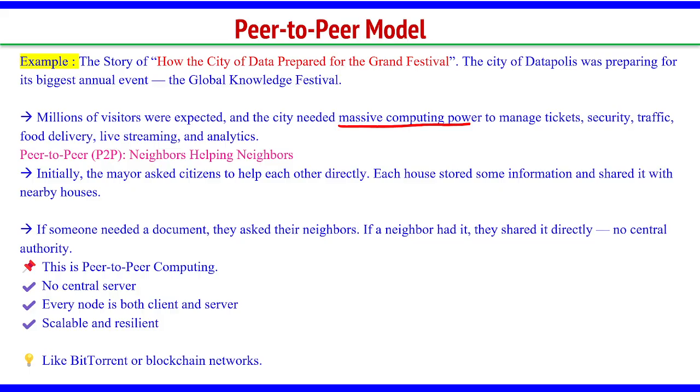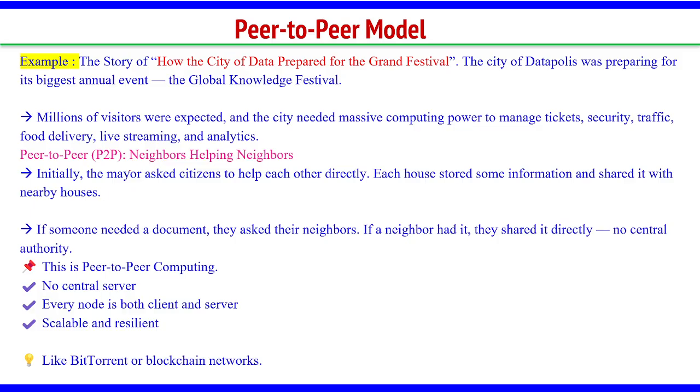What is peer-to-peer computing? We understood in client server that there will be a single server and a single client or multiple clients, but the whole code is deployed in a single server. The client has to request, only then the server will respond. In the peer-to-peer model, the analogy to understand is neighbors helping neighbors.